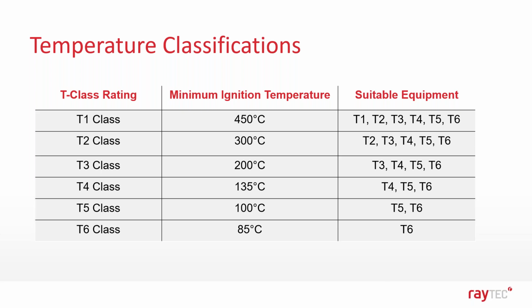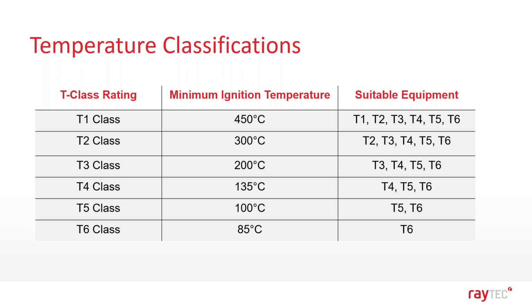Substances can be grouped according to their ignition temperature. For instance, hydrogen has an ignition temperature of 560 degrees C and so falls into the T1 class, while carbon disulfide has an ignition temperature of 90 degrees C and so falls into the T6 ignition class.